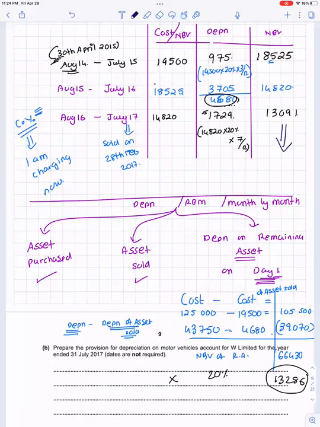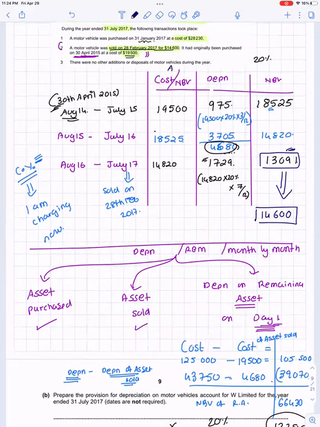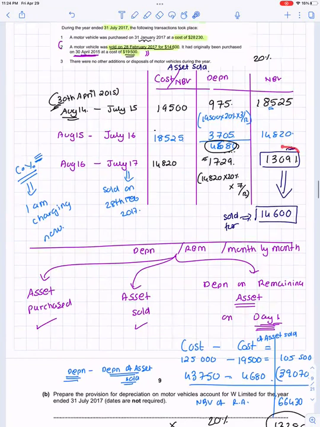The net book value of that motor vehicle is how much? 13,091. Book value is 13,091. Sold for 14,600.